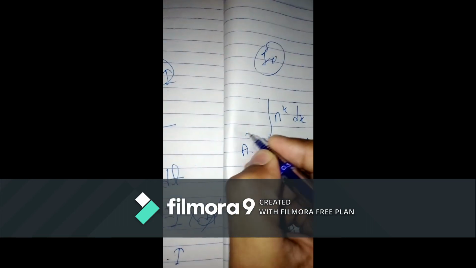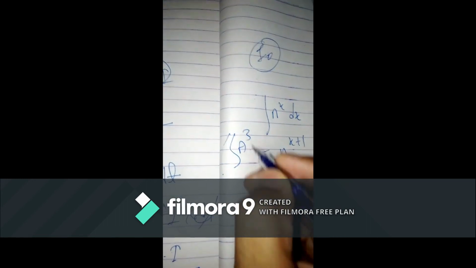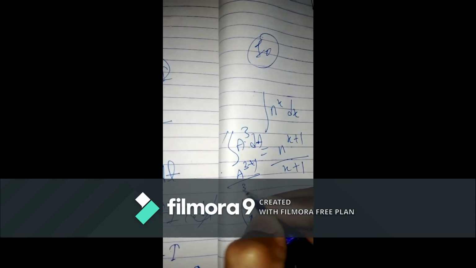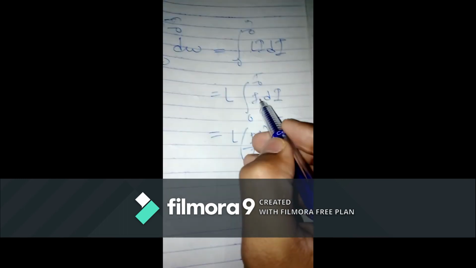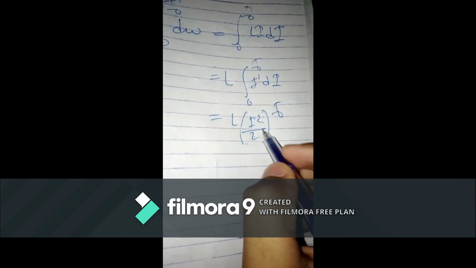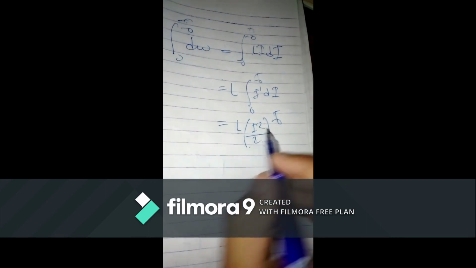Suppose it is a to the power 3, integration a to the power 3 da, then it will be a to the power 3 plus 1 by 3 plus 1. Similarly here, I di, the power of I here is 1, so 1 plus 1 is 2 by 1 plus 1 is 2. Like this it came, I square by 2 is the integration.